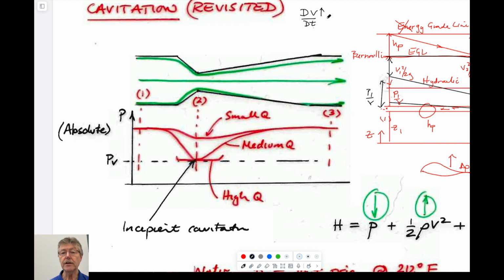You can also write this, as you recall, as dv/dt times dx. And again, this is what we've called convective acceleration. Here dx/dt is equal to velocity.